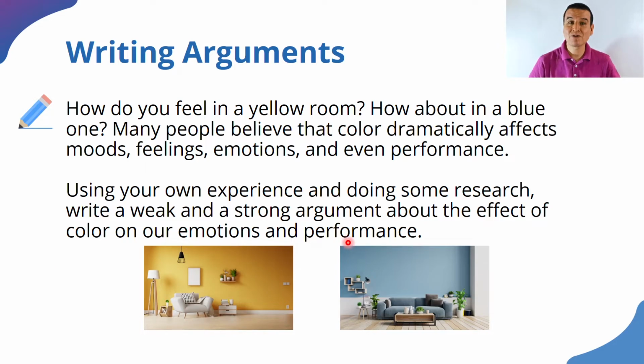You may already know that if we base our argument on our experience, that may not necessarily be so scientific and so strong as if we use some research, some facts, some things that can be proven or that have been proven to support an idea. So I want you to think about how you can support weakly this claim that color has an effect on our emotions, feelings, mood, and even performance from 2 points of view.